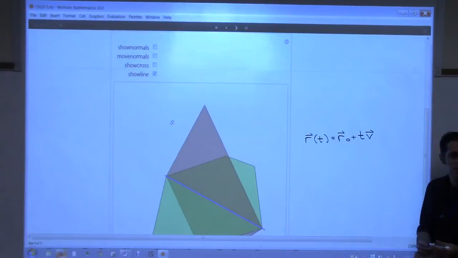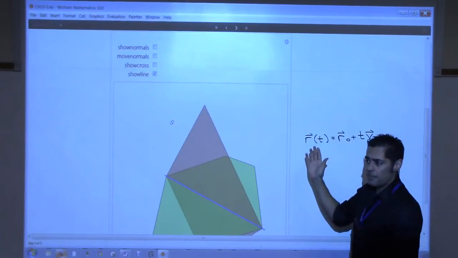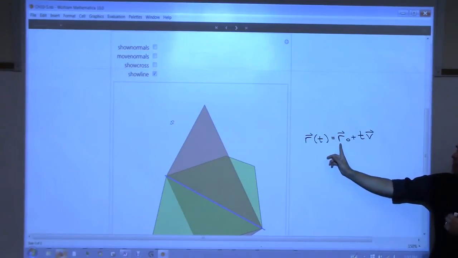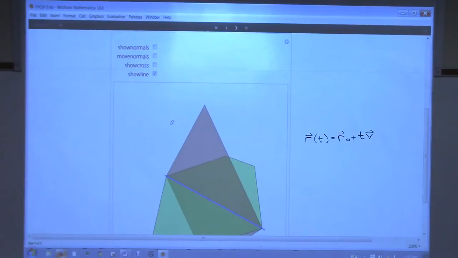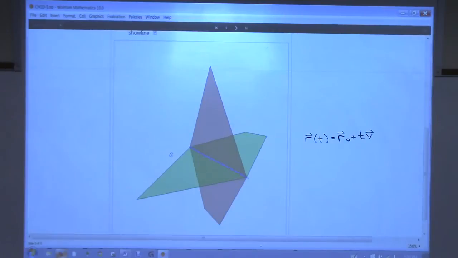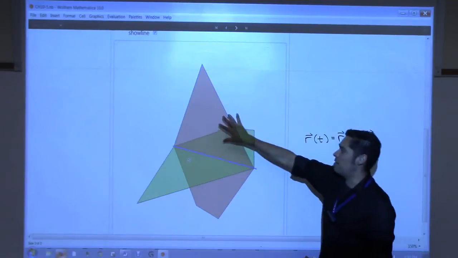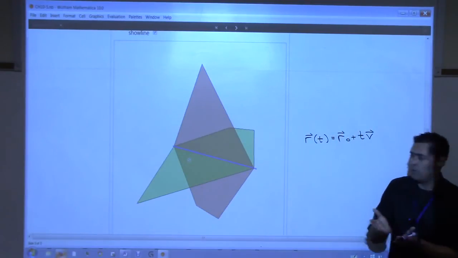The only thing we needed to find the vector equation of a line was a point, so that we could come up with this vector, and then a direction vector, which was the v, and then we were in business. Looking back at this picture, we need to first have a point. If someone gave you the equations of these two planes, do you think you could find a point on that line?